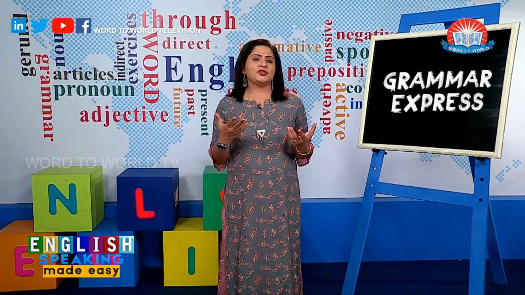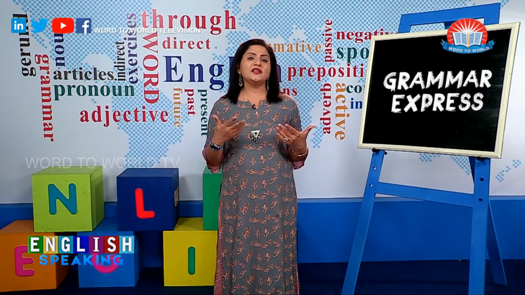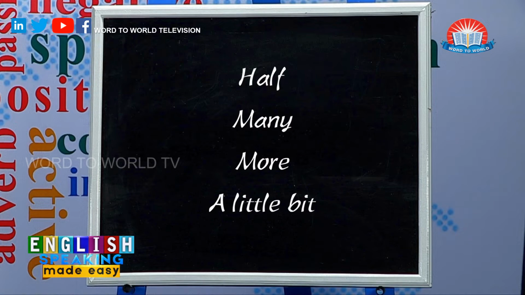So, like how much? Like all the numbers 1, 20, 30, 3, 4, all these are quantitative adjectives. And if you don't want to specify on the number, you want to just give a much more general quantity, then we use words like half, many, more, a little bit. These are also quantitative adjectives.